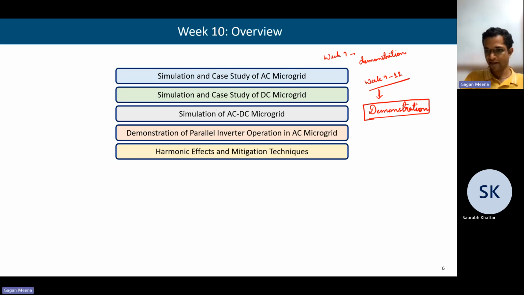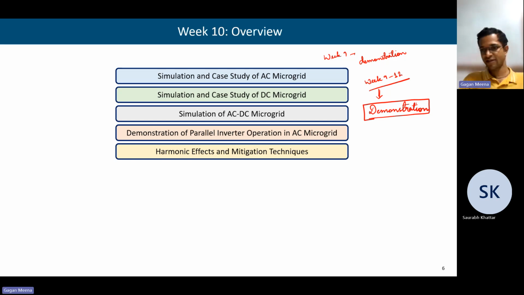And then finally, once we verify what we have studied via simulations, then we actually go for a small test bed, or directly go to the practical system and integrate it. But the first step is the simulation, very detailed simulation where each and every component is modeled in its detailed fashion.